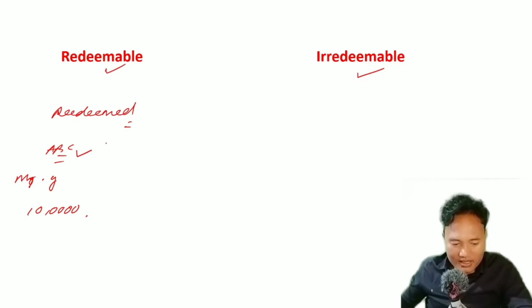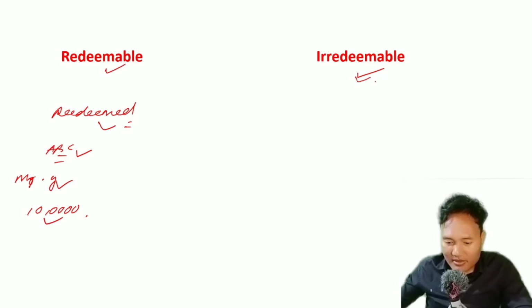When the company earns sufficient profit and has a surplus, then after a certain period of time the company may pay back the preference shares of rupees 10 lakhs to Mr. Y. The company has a privilege to redeem the preference shares when required.